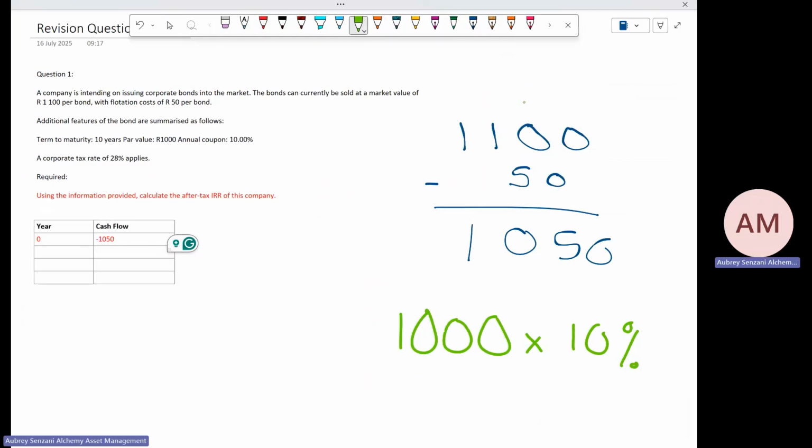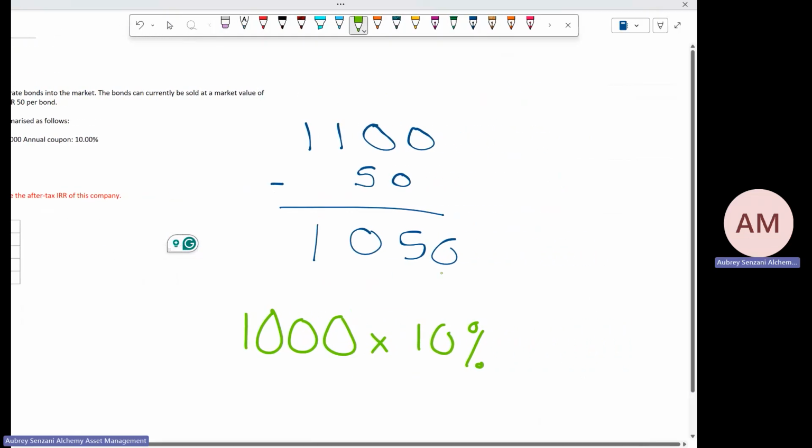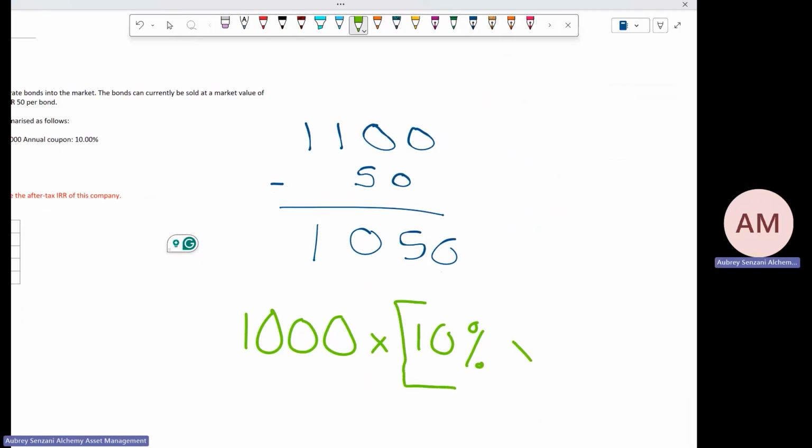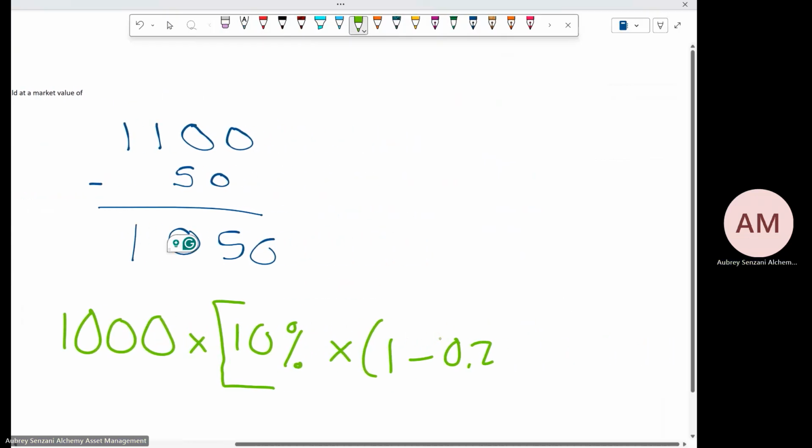But again, if you were just an investor, you could end here, right? But we are a company, and as a company, we know that on interest, what is there that's favorable to us? It's tax deductible 100%. So this should actually be times, in brackets, 1 minus the tax, they said the tax is 28.